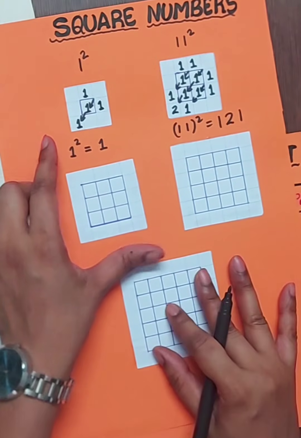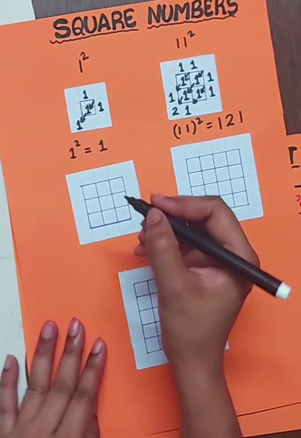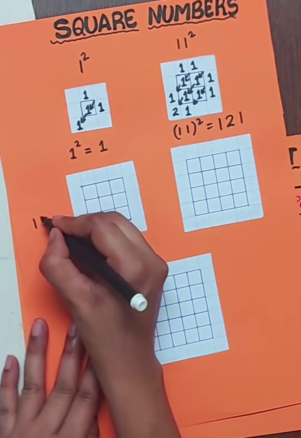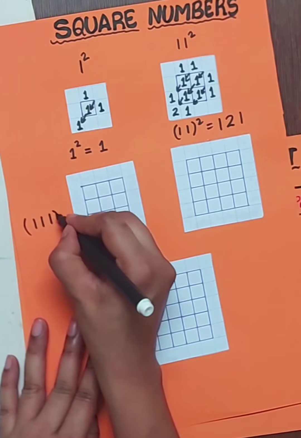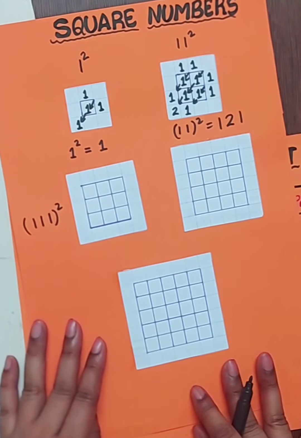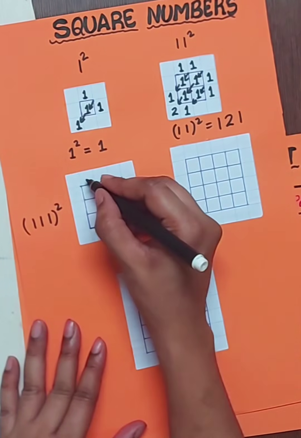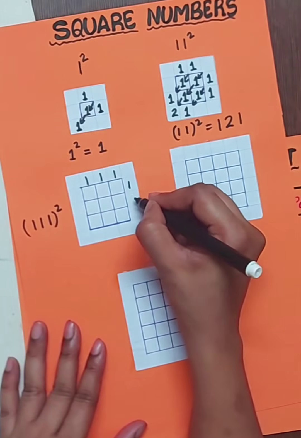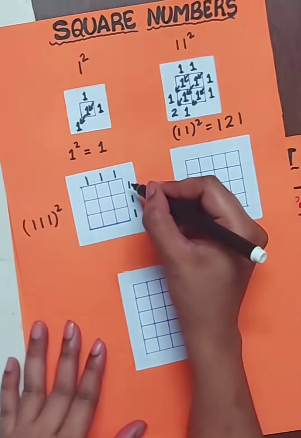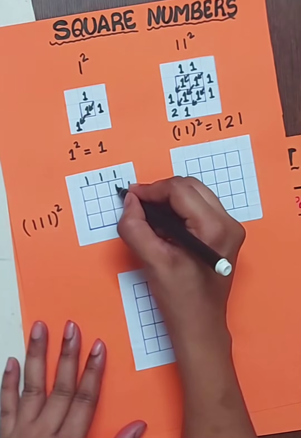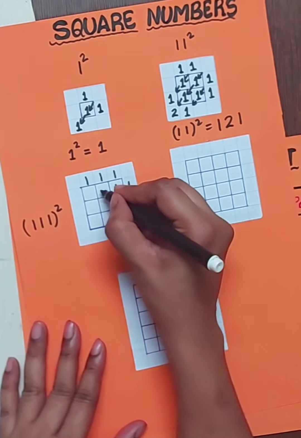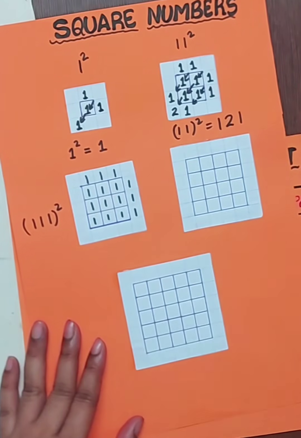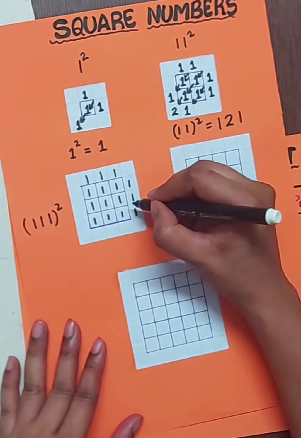121. Similarly, in the third square, we'll find out the square of 111. Square of 111. So we will write the numbers like this: 1, 1, 1, 1, 1, 1. Now similarly, we will multiply the numbers and we will get 1 in each box. Now we will start adding the numbers.